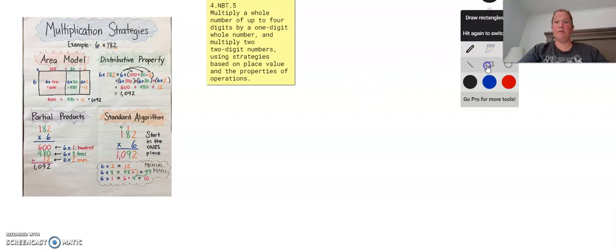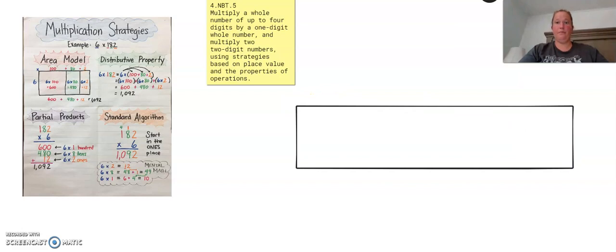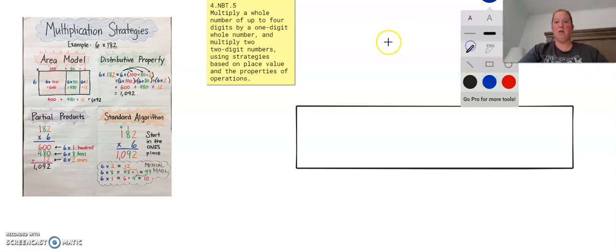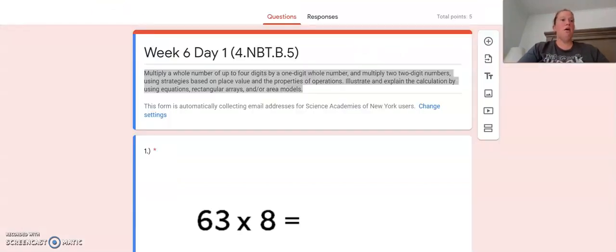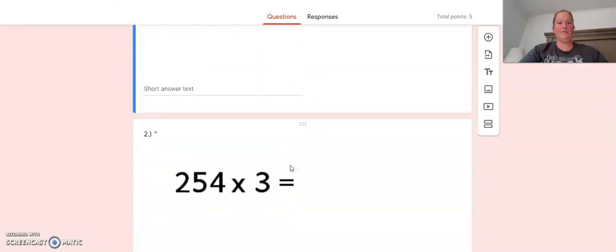I like the visual with a rectangle. All right. And so today we'll use blue. I like blue. On our exit ticket, okay, let's focus on one with 3 digits, 254 times 3.